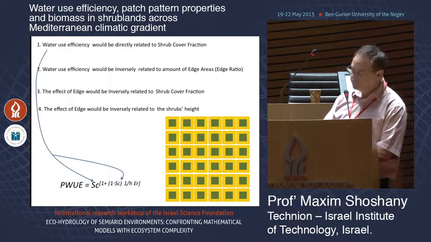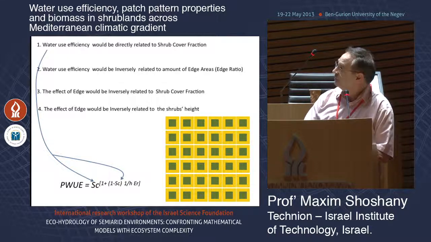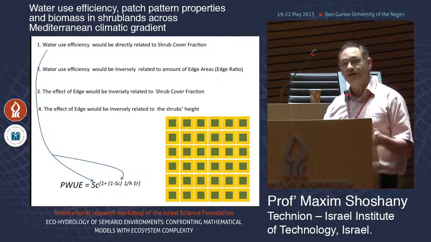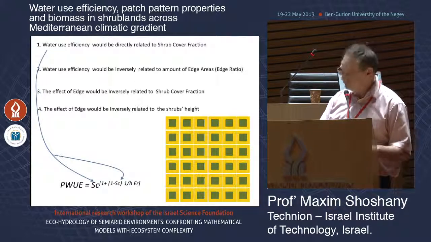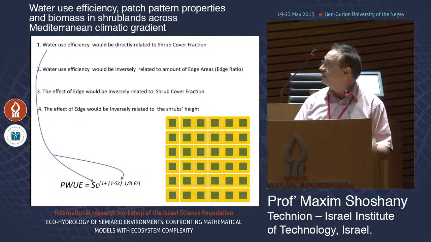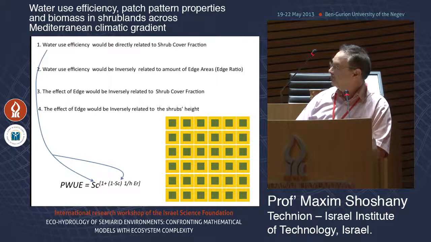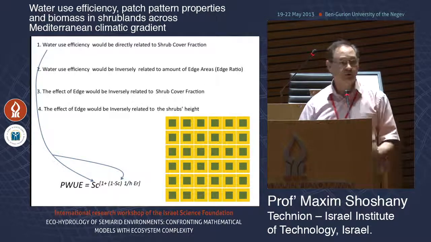So if we take all of this together, we can come out with a very simple pattern water use efficiency parameterization, where we have the shrub cover, we have the edge ratio, we have the shrub cover effect on the edge ratio, and so we can easily now parameterize the pattern water use efficiency, and we have also the shrub height.